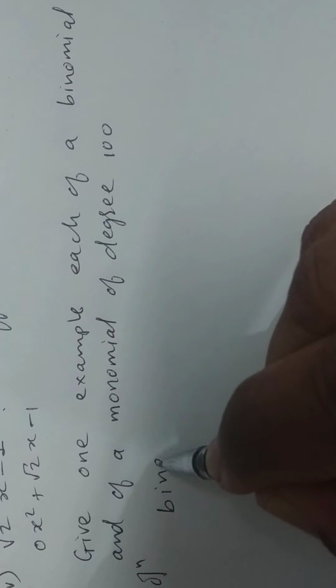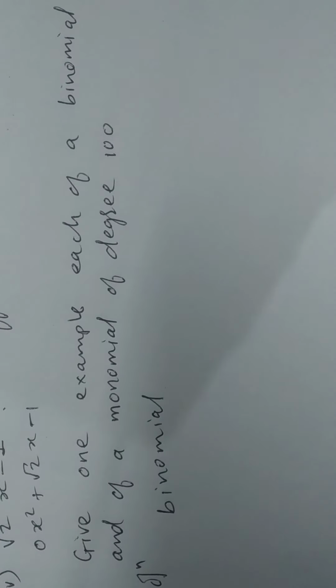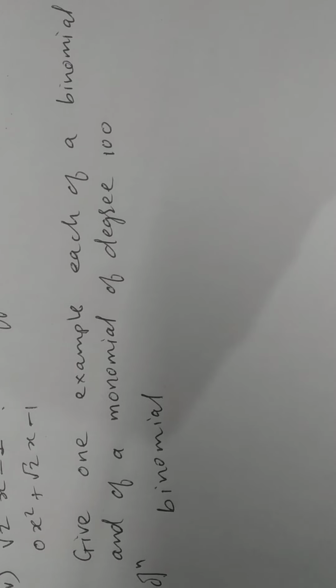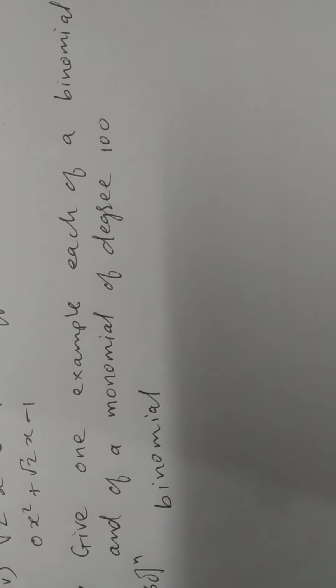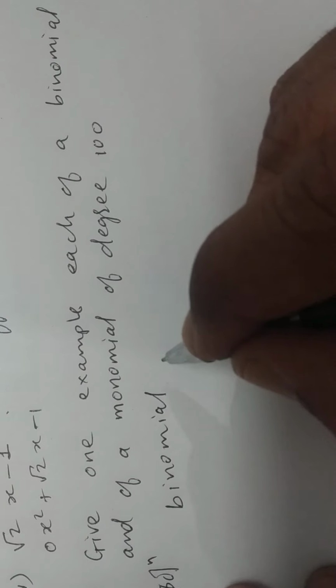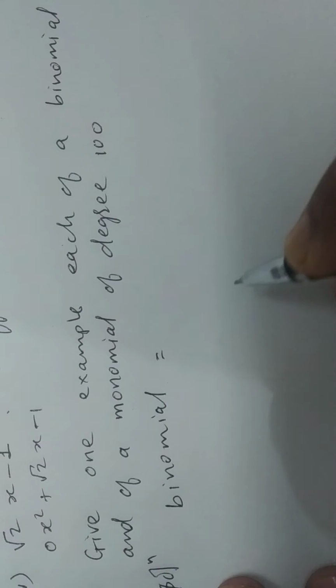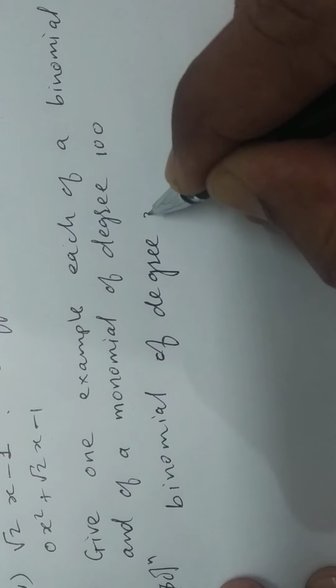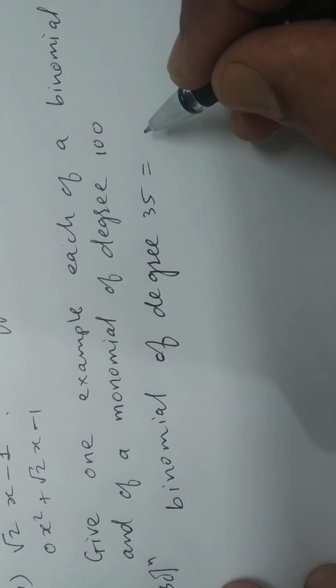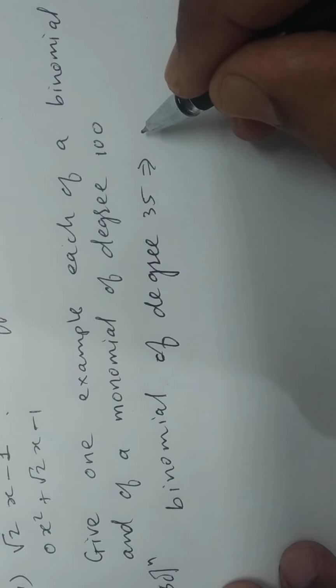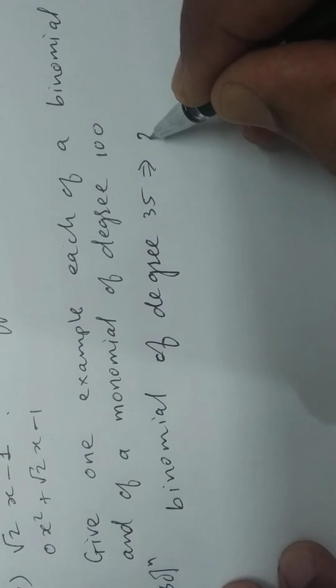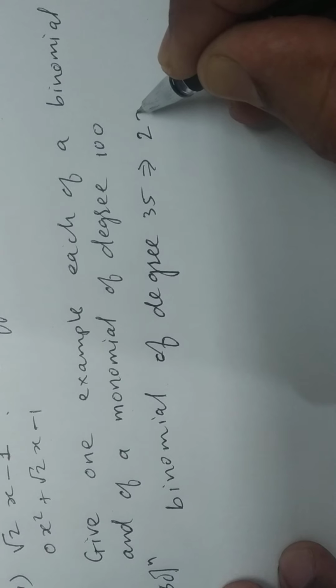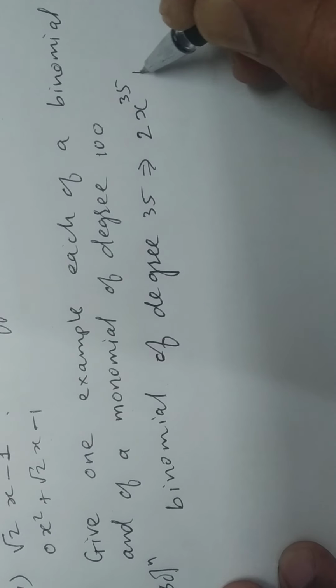An example of a binomial of degree 35 can be 2x power 35 plus 7.